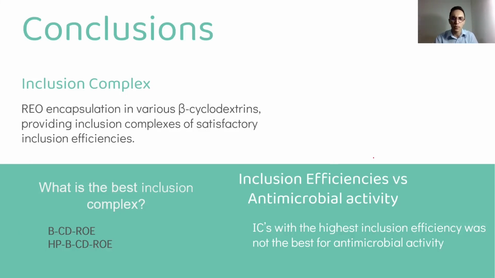The antibacterial activity was efficient, and the inclusion complex with the highest inclusion efficiency was not the best for antibacterial activity. The most efficient inclusion is not necessarily the best inclusion complex for you to use.